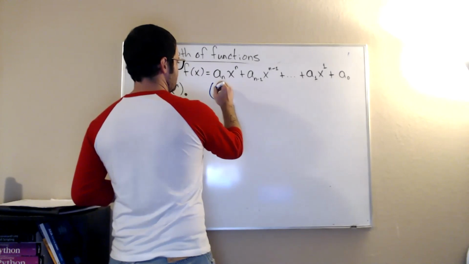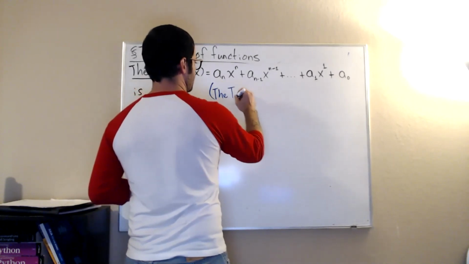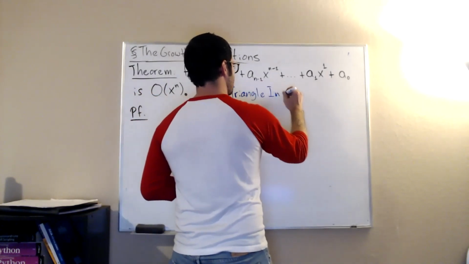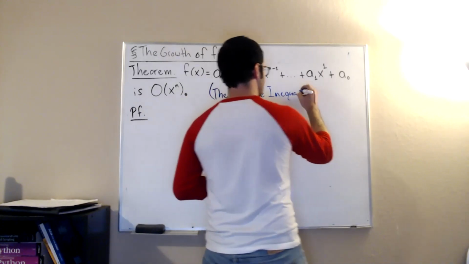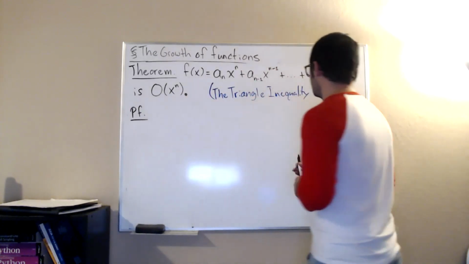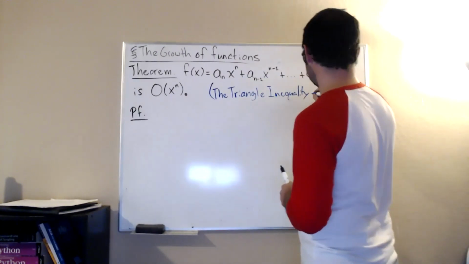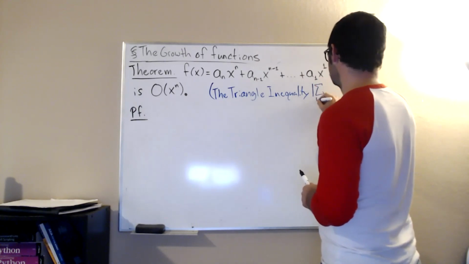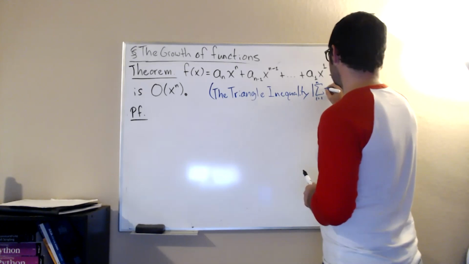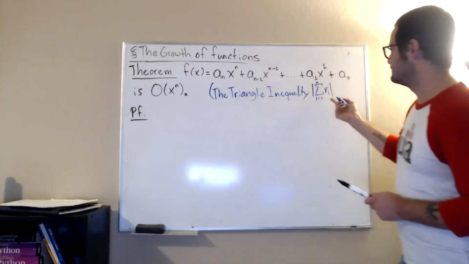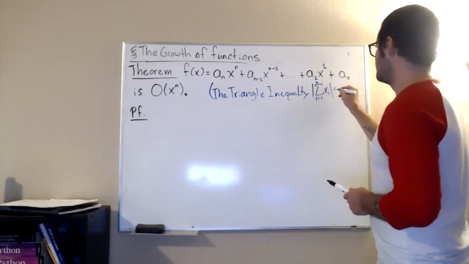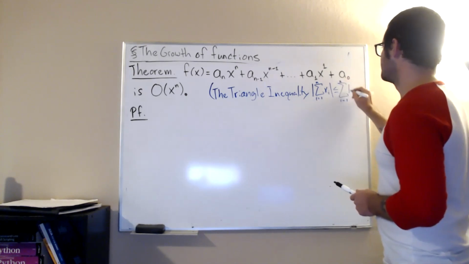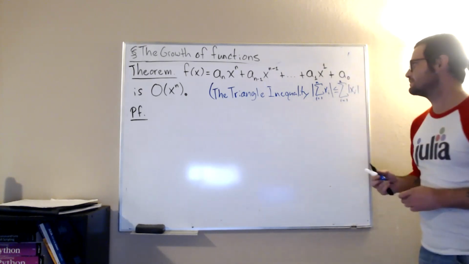The triangle inequality states that if you sum numbers in absolute value, that's at most the sum of the absolute values of those numbers.